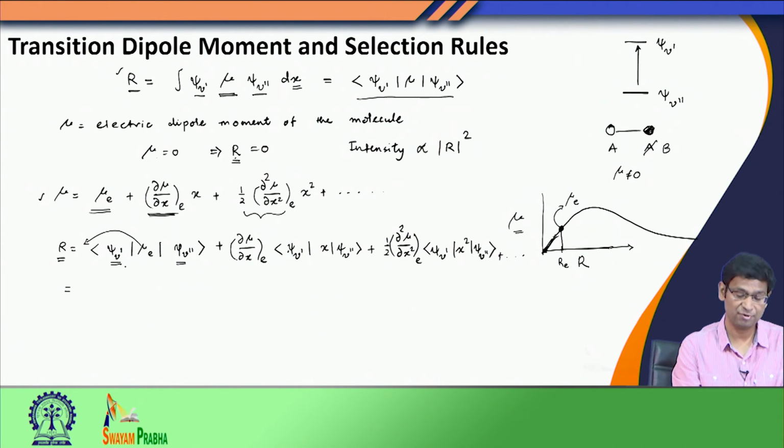We know that psi v prime and psi v double prime are two states of the harmonic oscillator. In the harmonic oscillator problem, the Hamiltonian was a Hermitian operator. So, its eigenfunctions are going to be orthonormal. Therefore, if v prime and v double prime are different, these two wave functions are going to be orthogonal to each other.